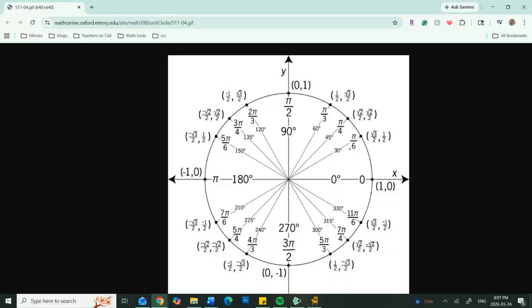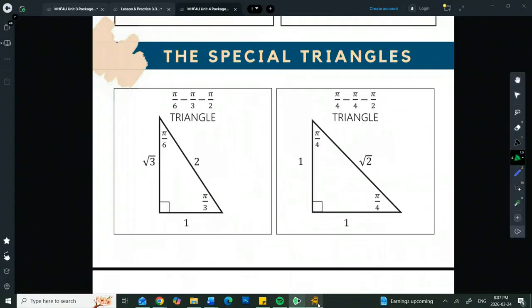These we'll talk more in depth in our next lesson, but you can actually use these points, these coordinates here, which represent cos theta and sine theta of your angle as the x and y coordinates of these points at these locations. And they can actually be used very quickly to solve trigonometric expressions as well. Okay, so let's get into it.